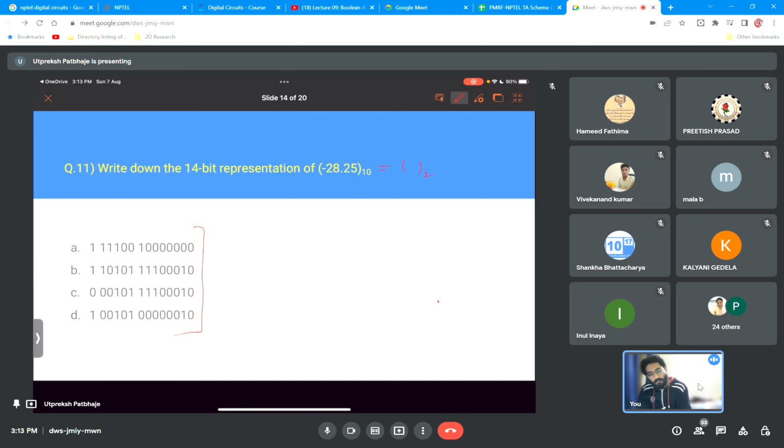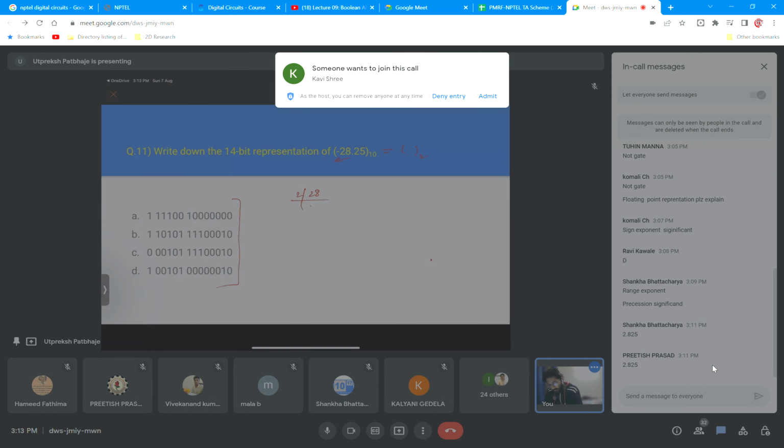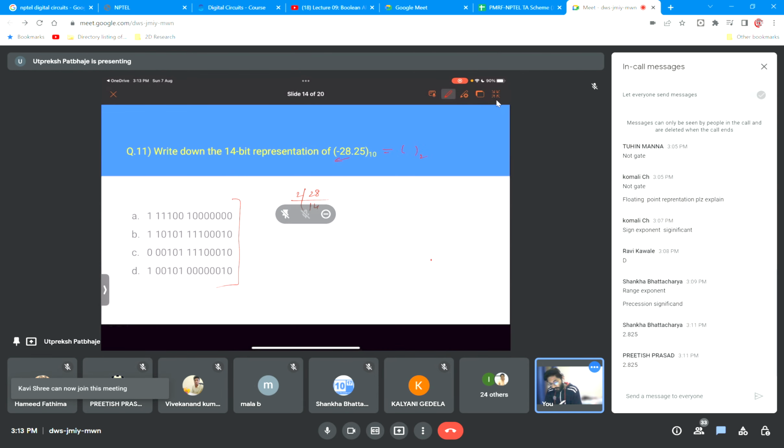So I will do it here. Meanwhile, you also try to solve it, and as you get the answers, try to note them down in the chat box. So we'll do this part by part. First we will solve the left part of the decimal, and I'm writing down the remainder to the right side.